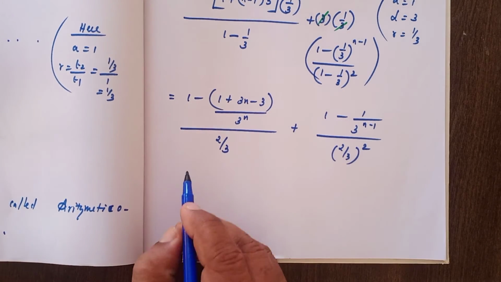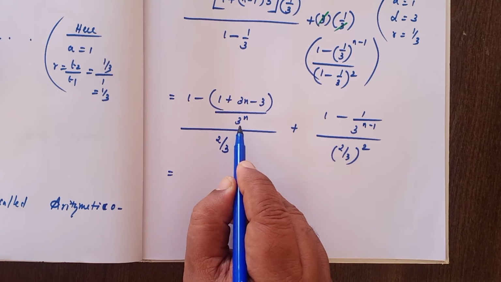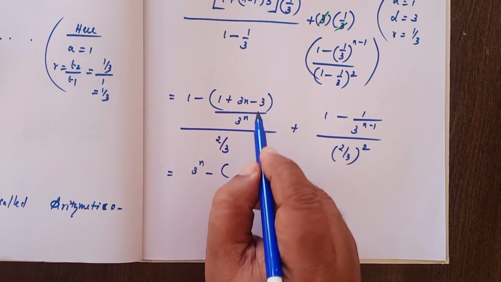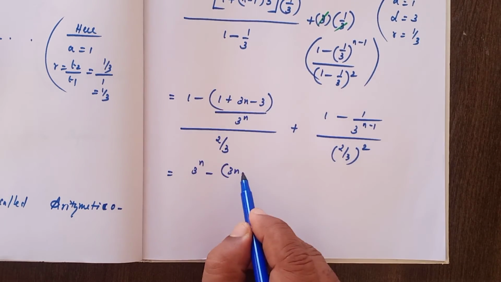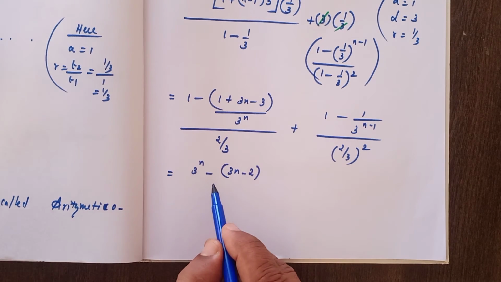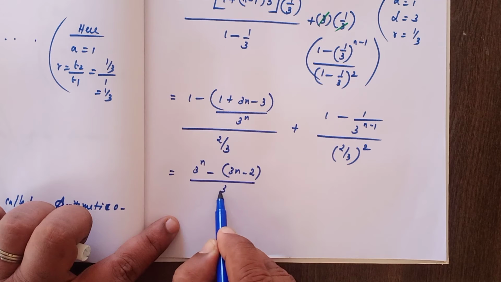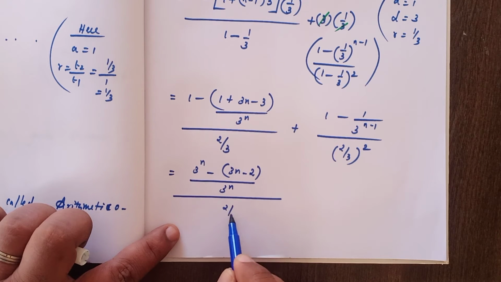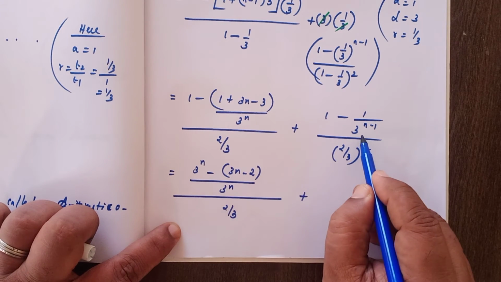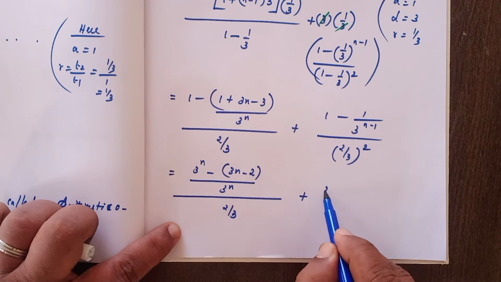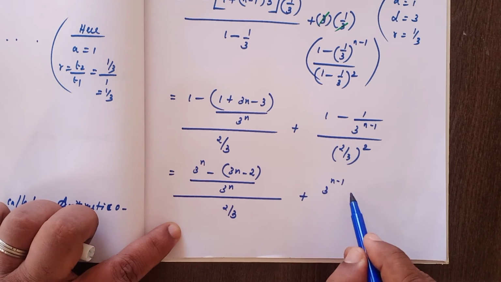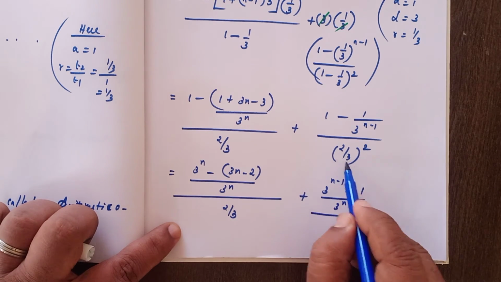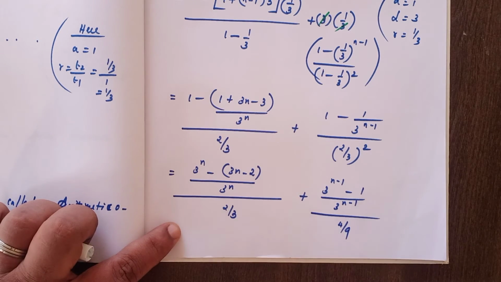We have to simplify further. 3 power n is the LCM for the numerator, so 3 power n minus bracket 3n minus 2 gives minus 2 divided by 3 power n, whole divided by 2 by 3, plus here 3 power n minus 1 is the LCM, so 3 power n minus 1 minus 1 divided by 3 power n minus 1, whole divided by 2 by 3 the whole square, which is 4 by 9.